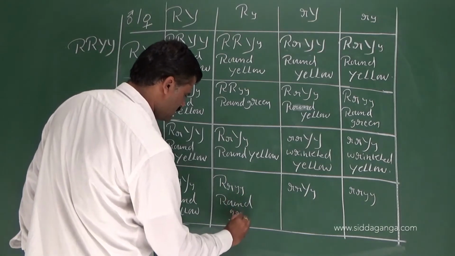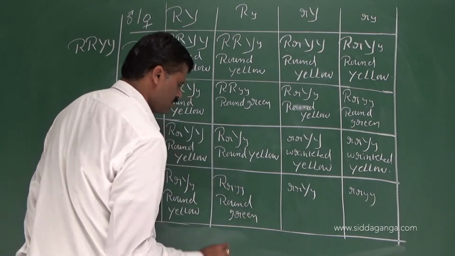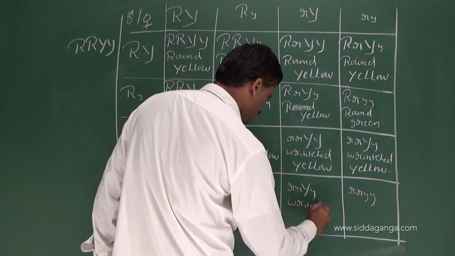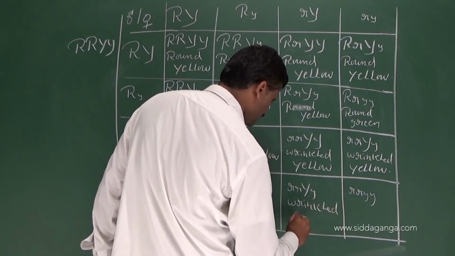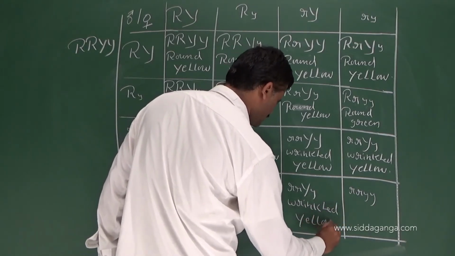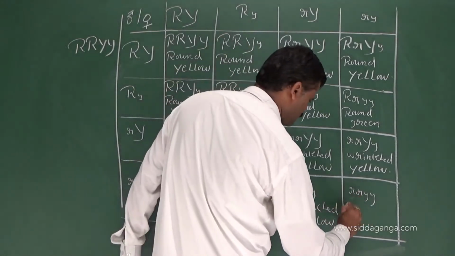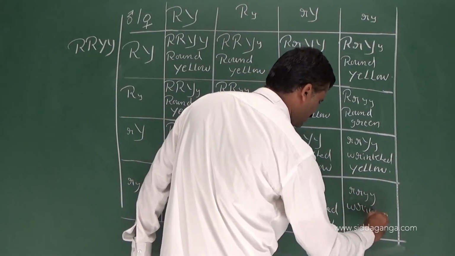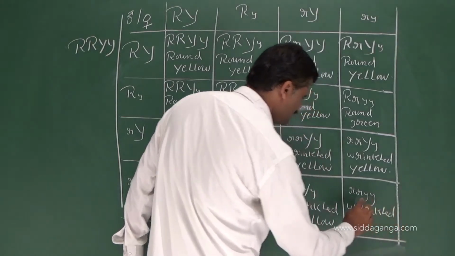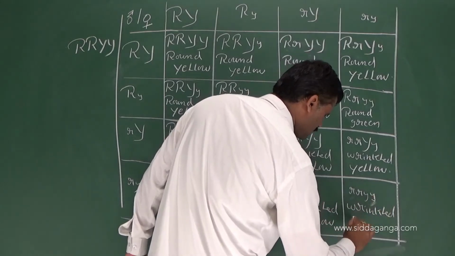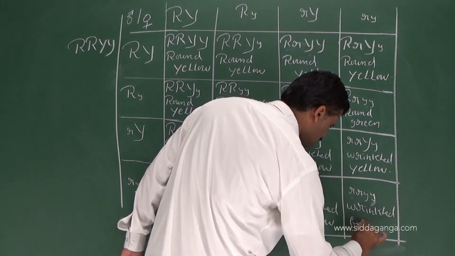Then it is green, and here wrinkled yellow, correct? Then this one, small means wrinkled small y, then green.